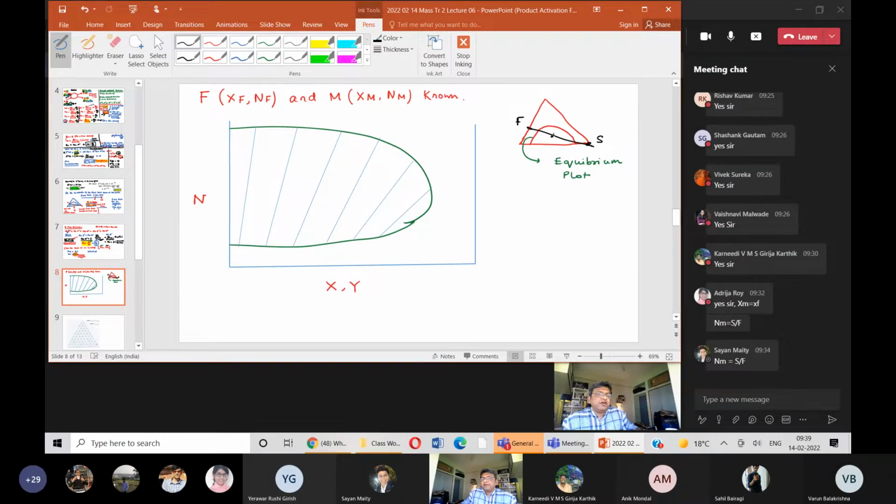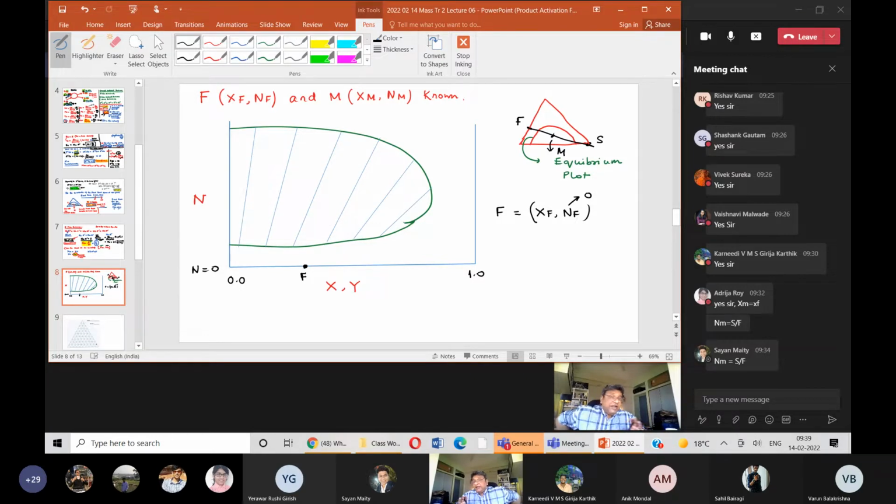From the mass balance, we got M. Now here, you see, the feed point is some value XF, NF. And XF is known, NF is equal to 0. So this is where my, let's say, feed point will lie. The axis starts from n equal to 0, and x and y go from 0 to 1. Okay.